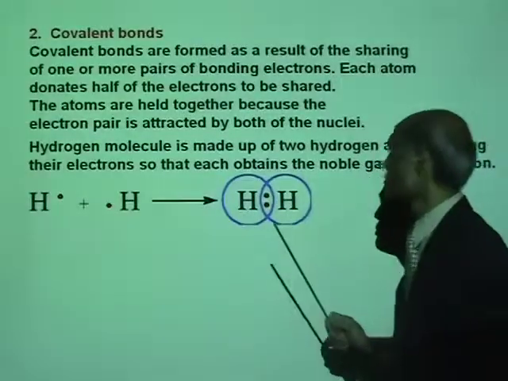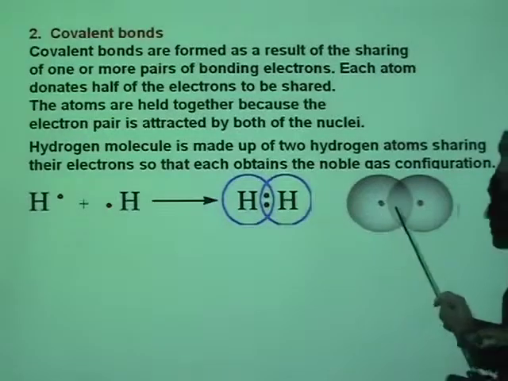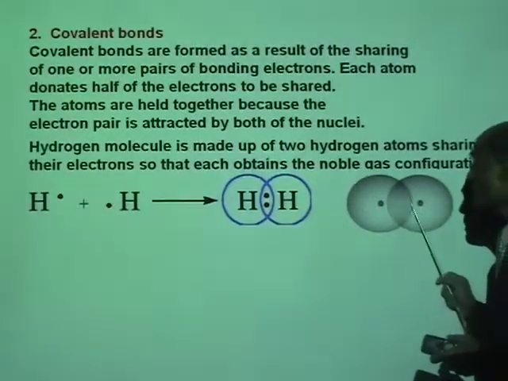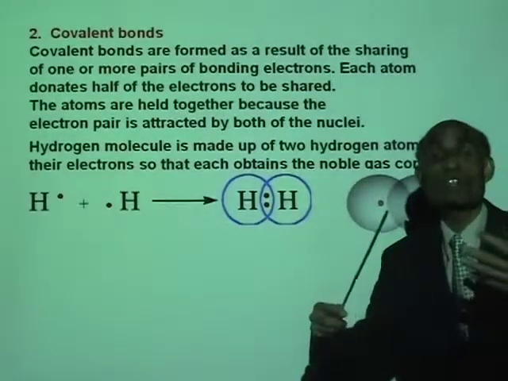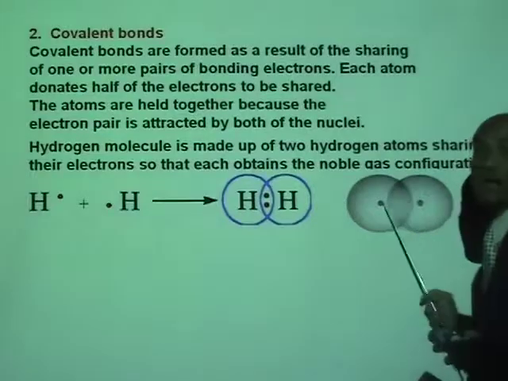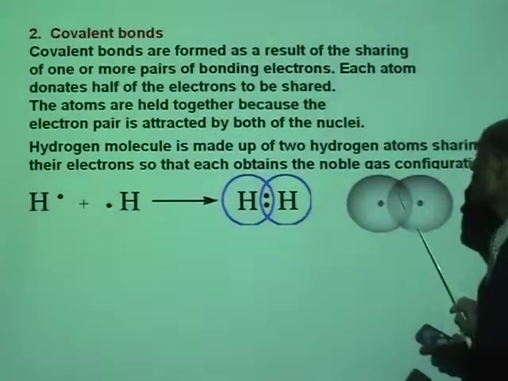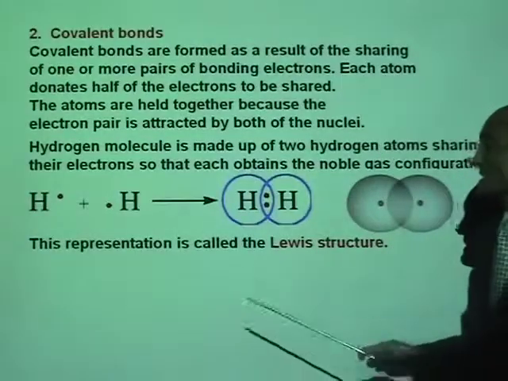We have a hydrogen molecule. Now this is the picture of a hydrogen molecule. And this area where they share is where the electrons are going to be most of the time. Most of the time the 2 electrons will be in this region, keeping them together as a single entity.